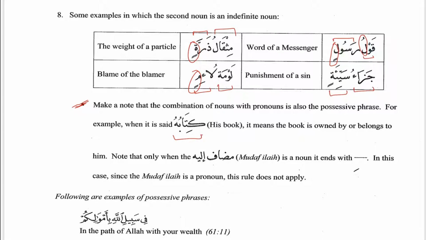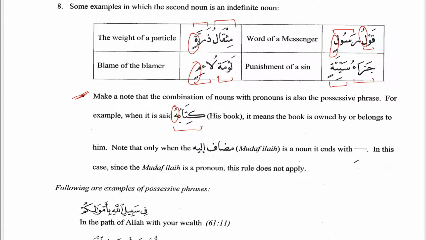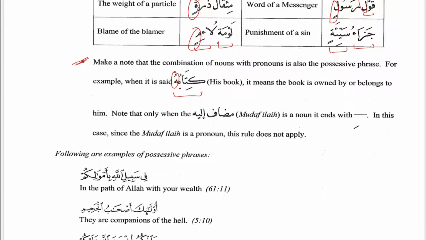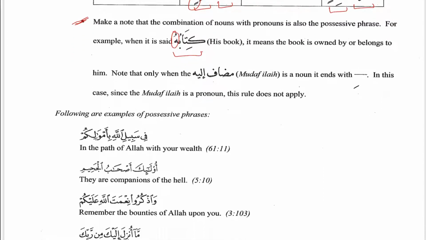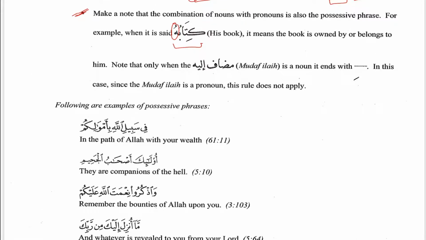It doesn't always have to have a dhamma or something. There can be many different things there. It doesn't have to have a kasra at the end. So this is also a possessive phrase, and this is different from mudaf mudaf ilaih, because mudaf mudaf ilaih is two nouns together and the one at the end has that.